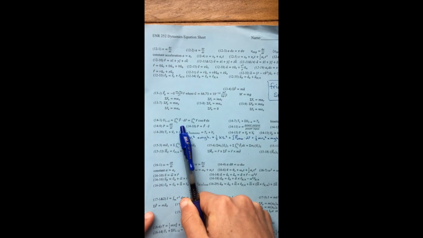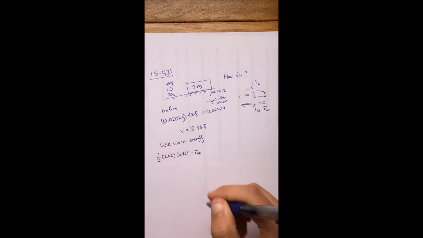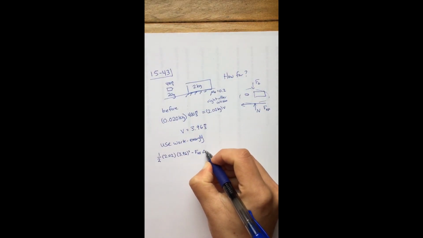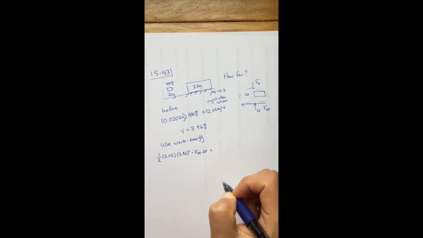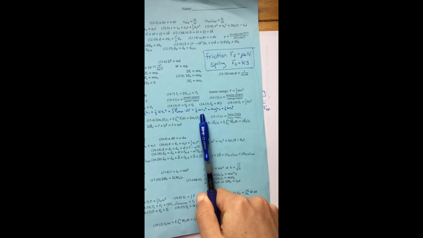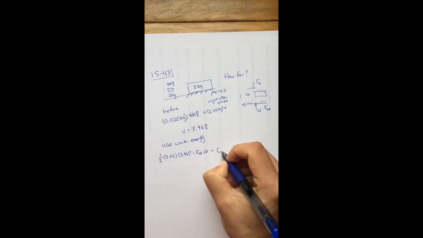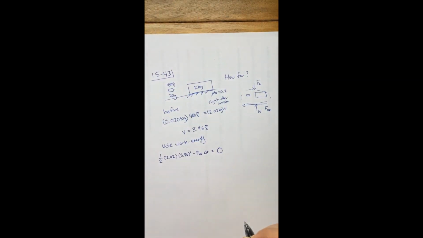Since the force is constant, it can come outside the integral, and this is times the distance that the block slides. That is equal to the final kinetic energy. When the block stops, the velocity is 0, so final kinetic energy is 0, and we don't have any gravitational potential energy or elastic potential energy to worry about in this problem.